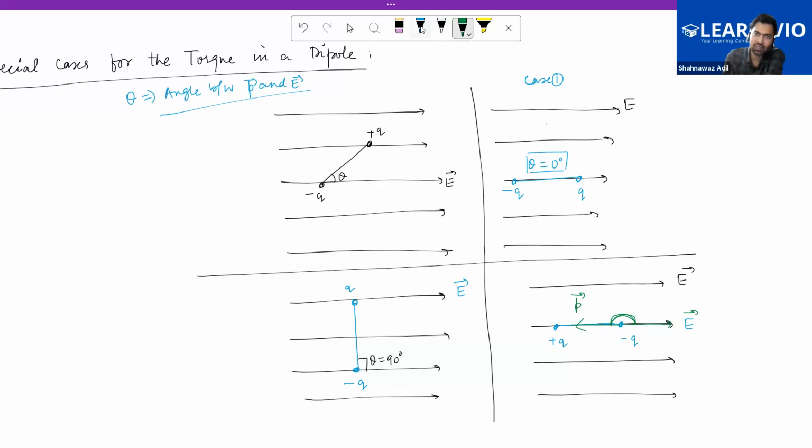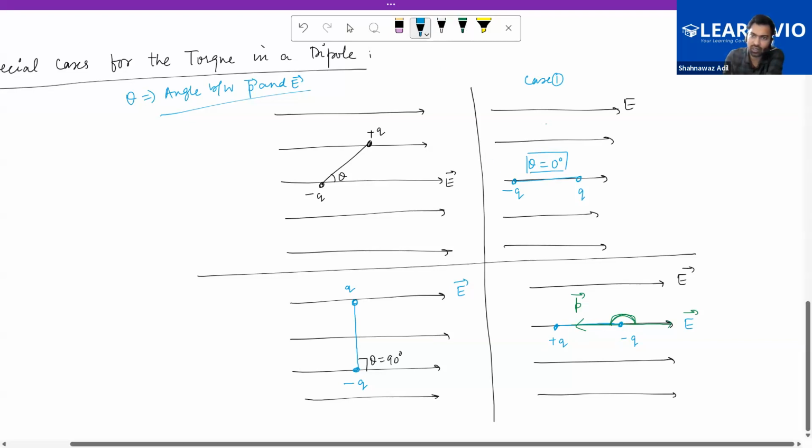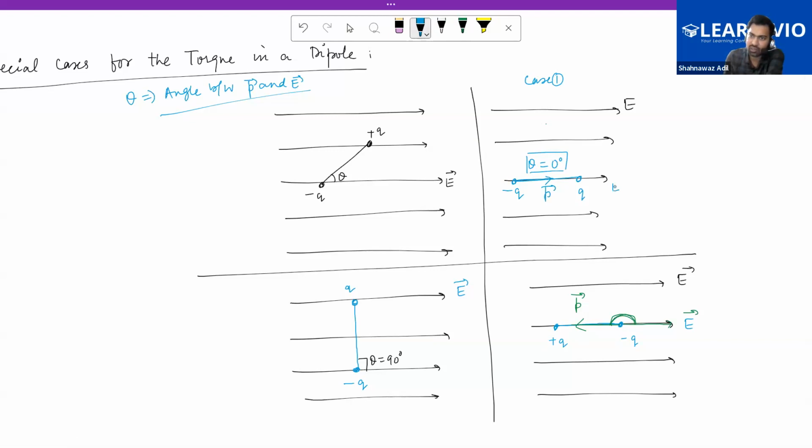In this case, P was this and E was this. So what is theta in this case? 180 degrees, right? So this is 180 degrees.